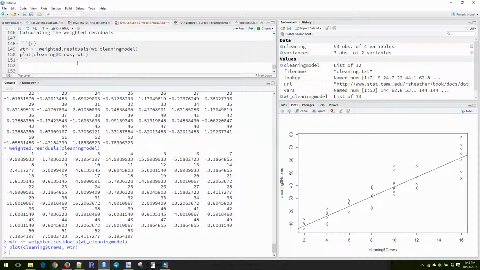Remember, when we're creating a regression line, we're creating a regression line for the mean of the relationship between x and y, or whatever it is that we're looking at. So it might be that for these values there's lots of variance, meaning the true mean is right here, but the values are all over the place. If you want to use weighted least squares to address that, that's okay.